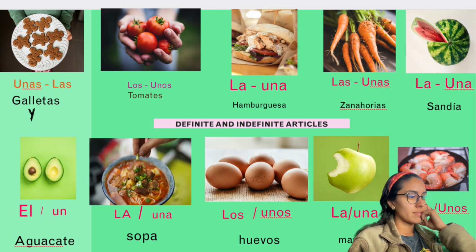Unas galletas. Las galletas. Los tomates. Unos tomates. Tomates. Very good. La hamburguesa. Una hamburguesa.